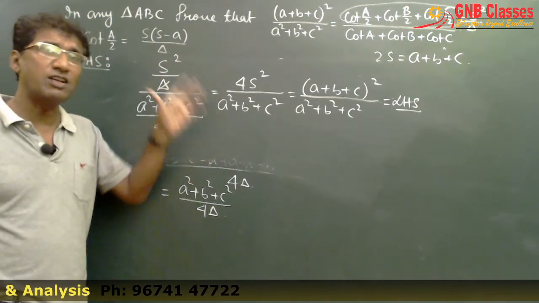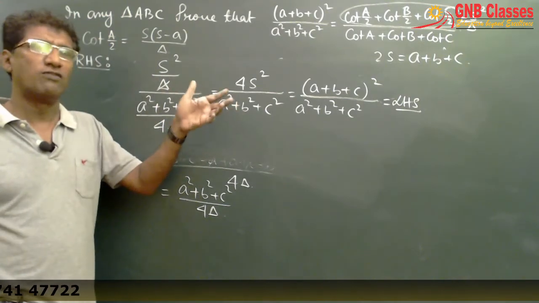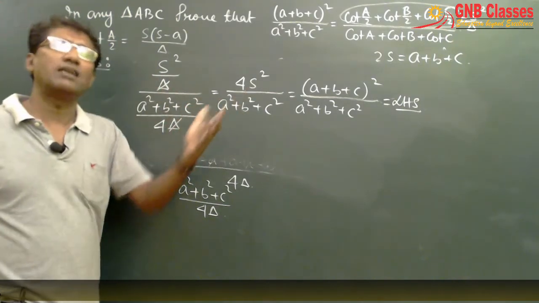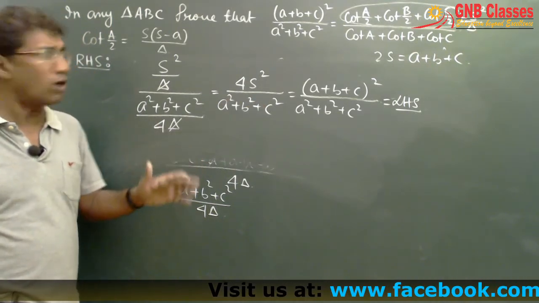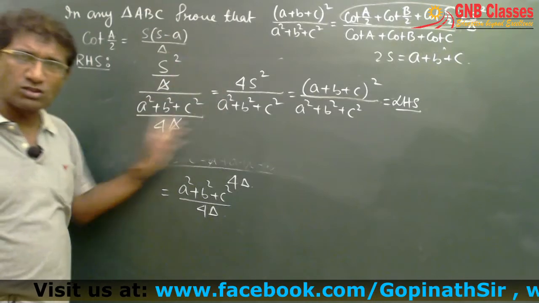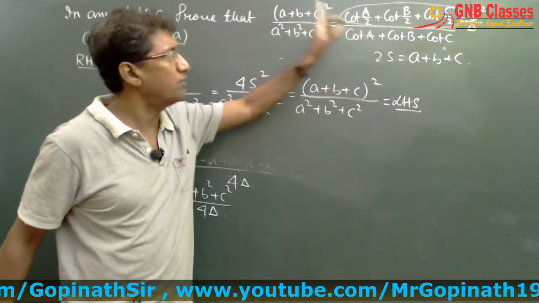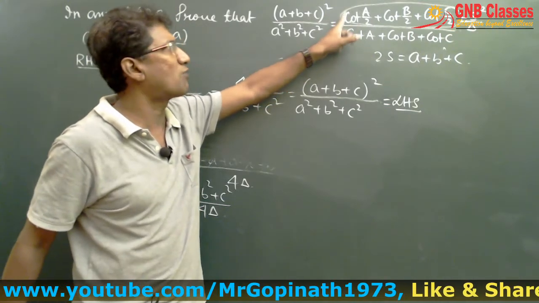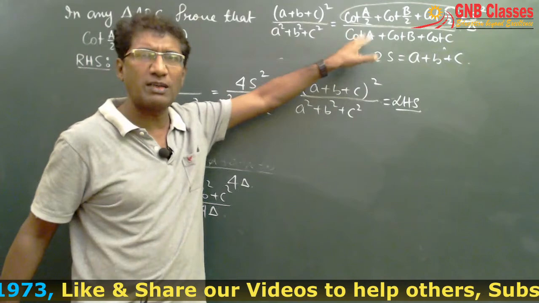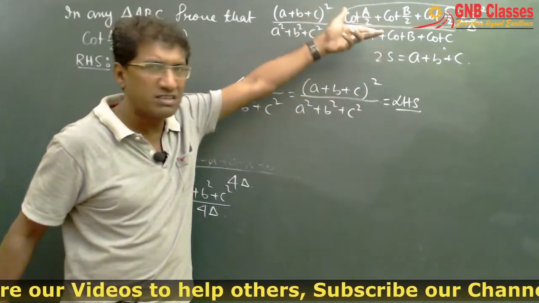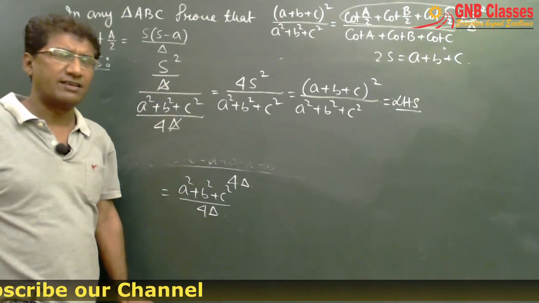So for this section, please remember this result, because it will be useful for solving other kinds of problems that we will face afterwards. Is it clear to all of you? Now, this question is also clear to all of you. In this problem, what we have done, we have taken first the right hand side. We found out the value of cot A by 2 plus cot B by 2 plus cot C by 2. Then we got the value of cot A plus cot B plus cot C. And then we divided to get my final answer, which is given in the left hand side. Is it clear to all of you?